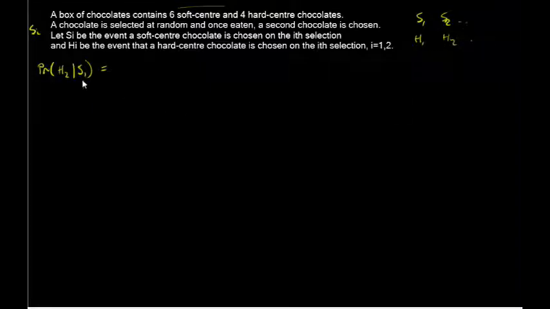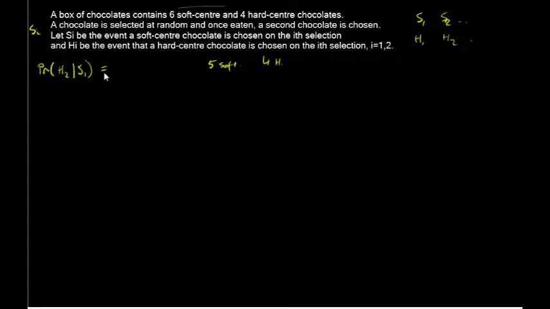So we want to work out the probability of our second selection being a hard center, given that our first selection was a soft center. So we've already chosen a soft center, which means that we've got 5 left over. So there'll be 5 soft centers left over, and there's still 4 hard center.